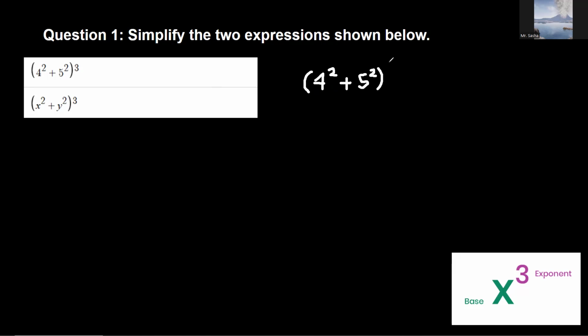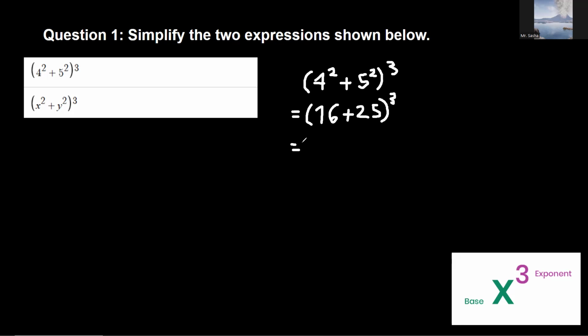It's like a squared plus b squared equals c squared. Then we have a second expression, but let's solve the first expression first. 4 squared is 16, so 16 we'll write here. 5 squared is 25. We'll write 25. And then we'll have exponent 3.